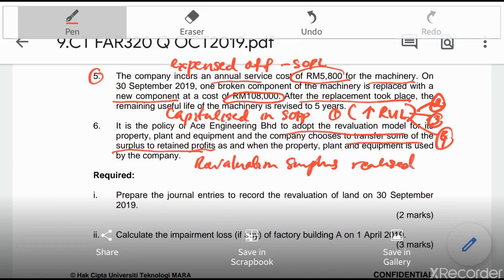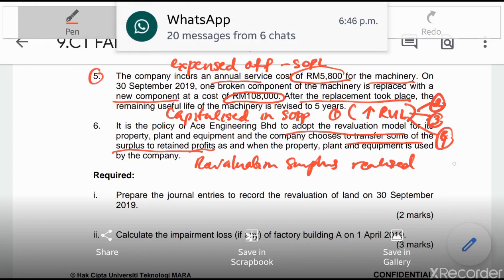The meaning of revaluation surplus realized is that normally upon derecognition, whatever balance is in the revaluation reserve will be transferred back to the retained earnings. So, revaluation surplus realized. We'll be doing that in the requirement later.